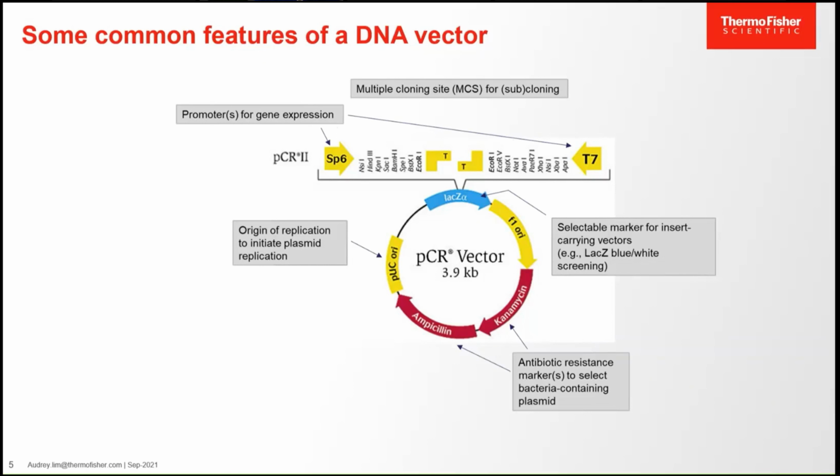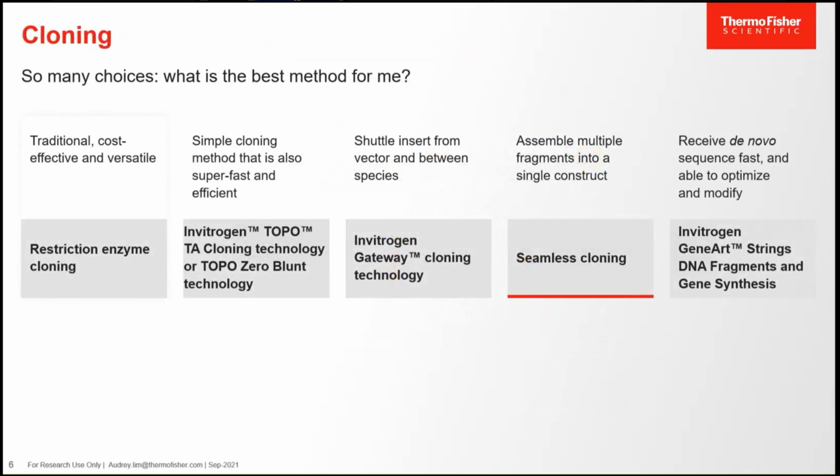At Thermo Scientific, we offer a wide range of cloning methods depending on your application needs. Here are some of those that we offer. The most traditional method is restriction enzyme cloning, and on the right here are some more advanced cloning methods. If you need fast and effortless PCR cloning, TOPO technology allows you to clone in just 5 minutes at room temperature.